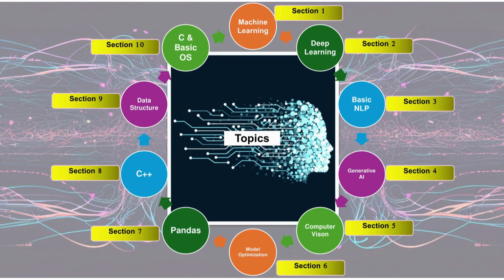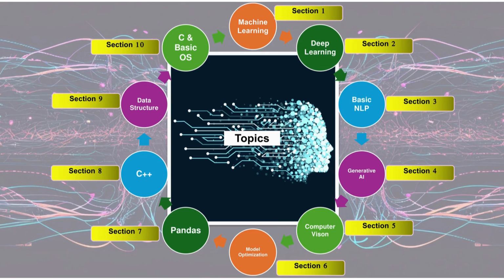I created 10 such sections. For example, section 1 is machine learning. Inside these sections again the subparts will be there, because in one video I can't cover all the things, so I break down each of the sections into subparts.